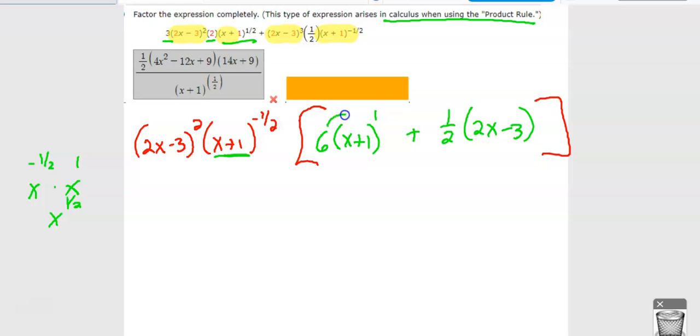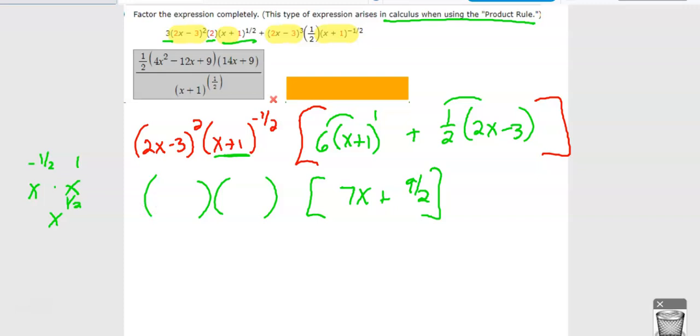Use the distributive property, add like terms, and you're going to end up getting 7x plus 9/2, and then all this stuff as well. And that's your, you can put parentheses. And that's your factor. I mean, you factored all of it, because that's what the directions say. It doesn't say solve, or it's not an equation, so we just had to factor it. And then simplify.